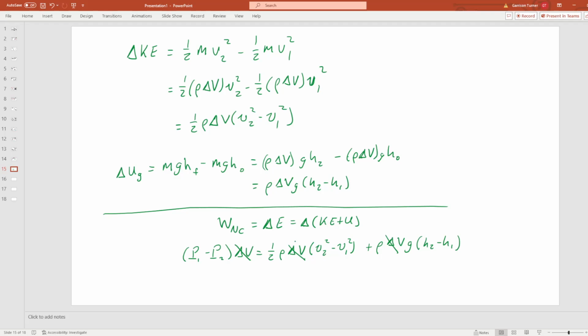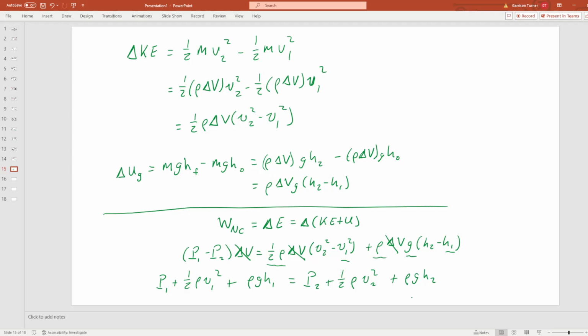So if I pull all of the 1's onto one side, I get P1 plus 1/2 rho V1 squared plus rho g h1, not P but rho, is equal to, moving P2 over to this side, P2 plus 1/2 rho V2 squared plus rho g h2.